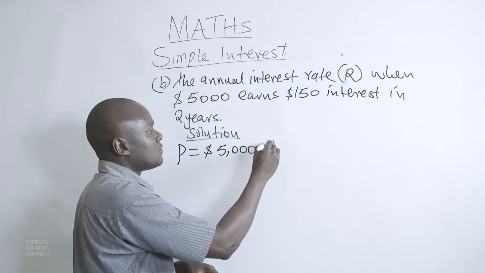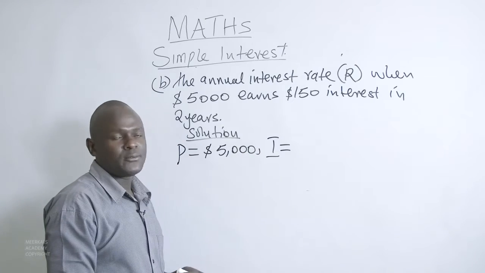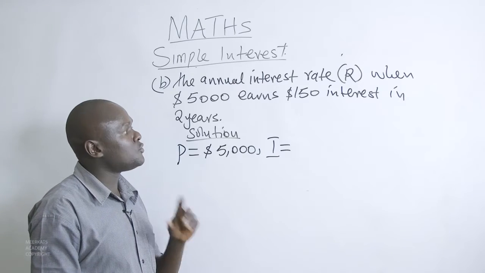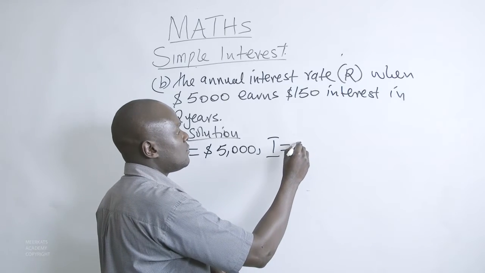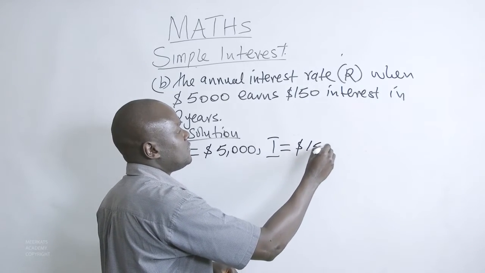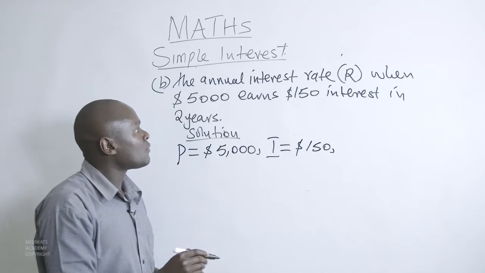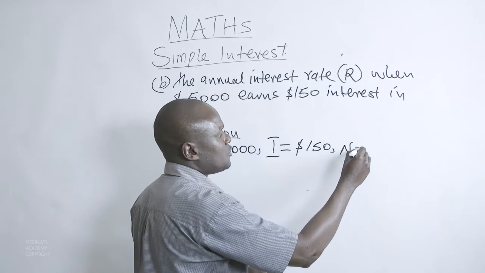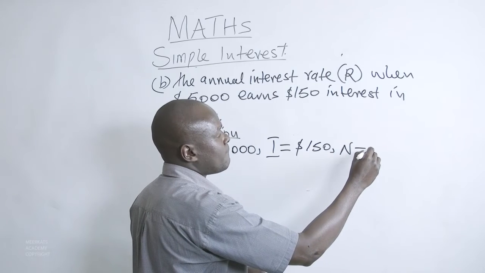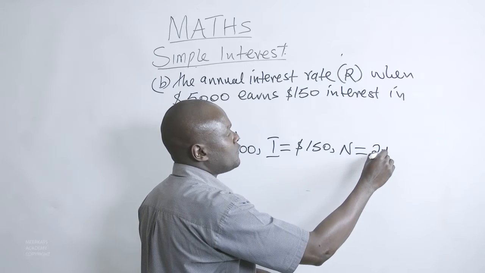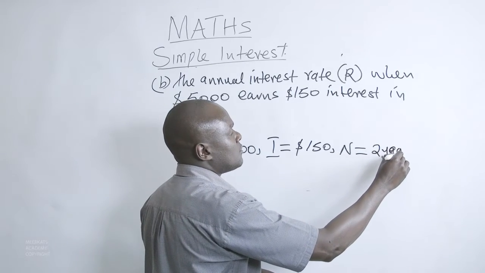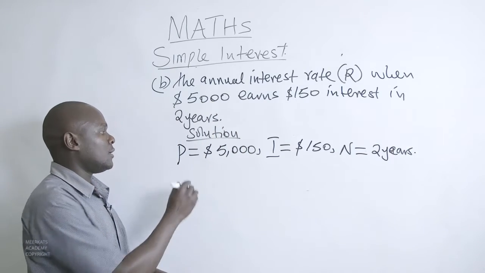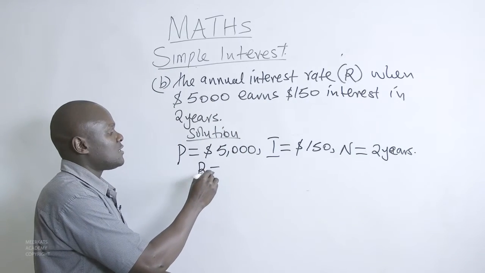The interest, the simple interest that this $5,000 will attract in 2 years, we are given as $150. We are also provided with a duration of 2 years. We are required to calculate the rate.